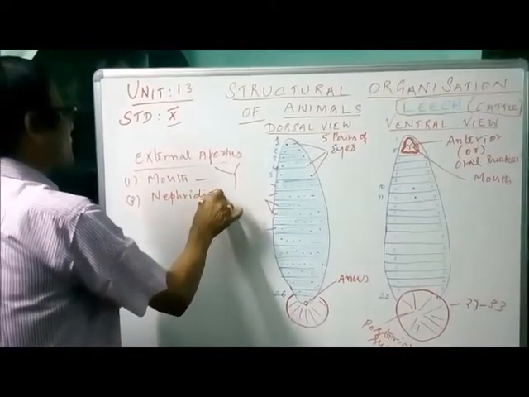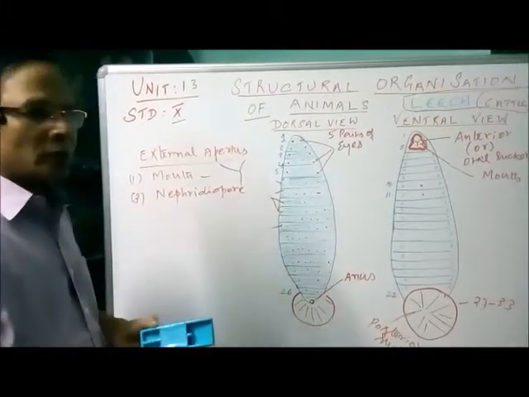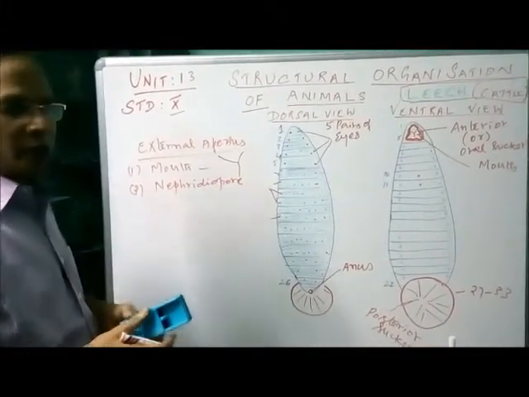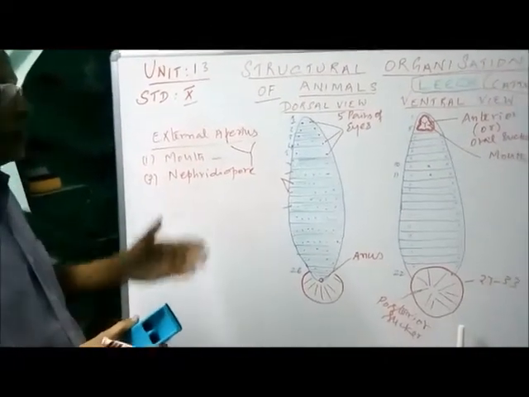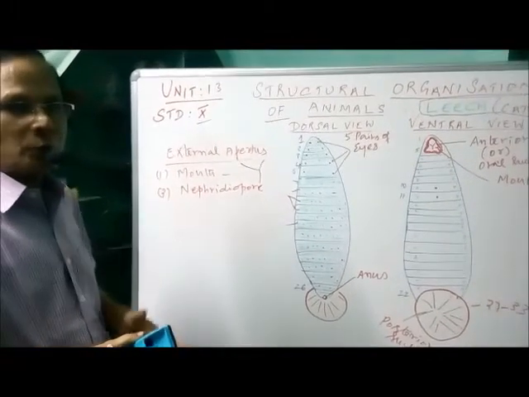Then the second one, nephridiopore. These are the openings of the excretory organs, namely nephridia. So nephridia are the organs of excretion, and there are 17 pairs of nephridia. These 17 pairs of nephridia open outside through the nephridiopores.